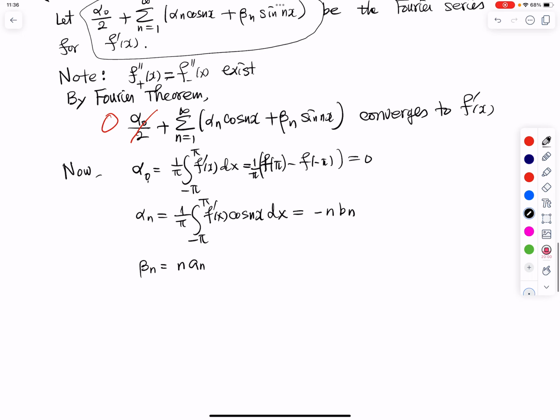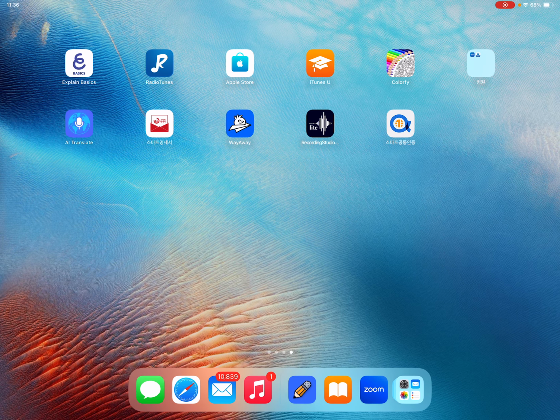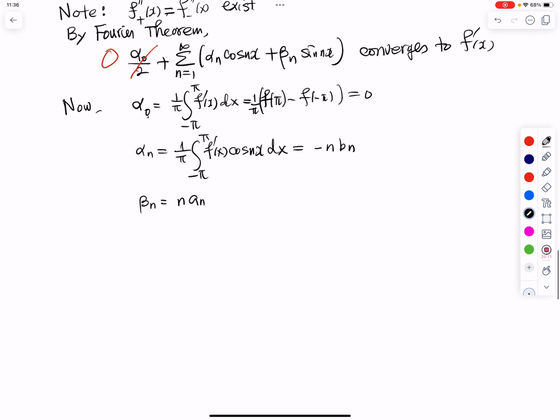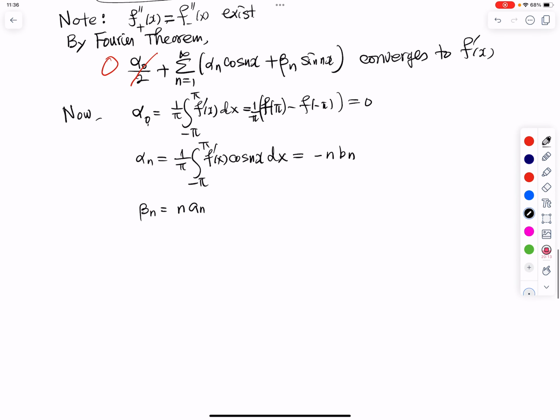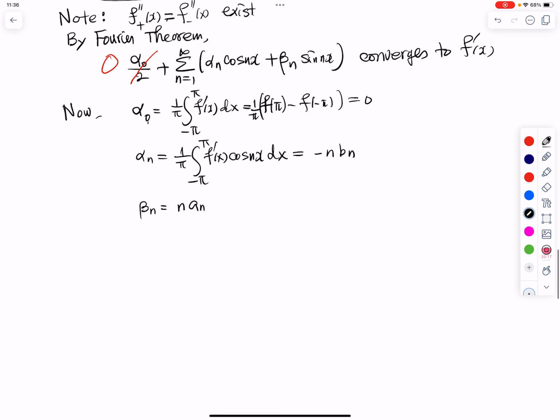So therefore, hence, so then oops. So then I have this is 0. You plug in here, so that would be n equals 1 to infinity.